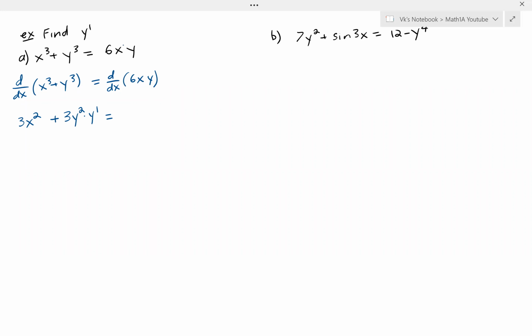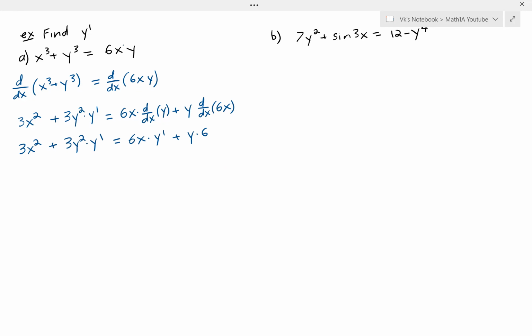For the derivative on the right side of the equation, we use the product rule. 6x multiplied by the derivative with respect to x of y plus y times the derivative with respect to x of 6x. So 3x squared plus 3y squared times y prime equals 6x times y prime plus y times 6.